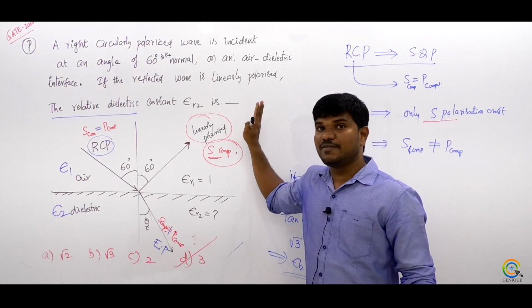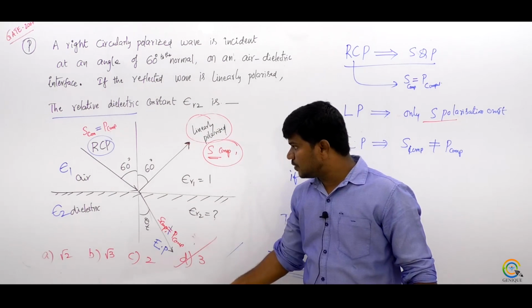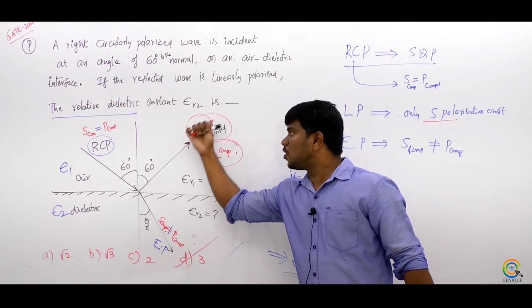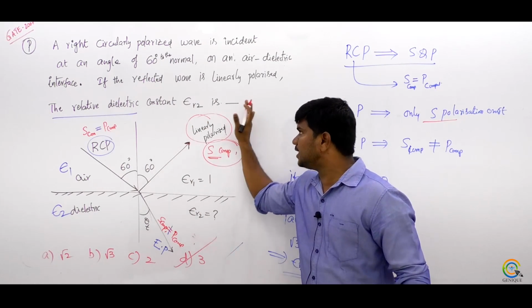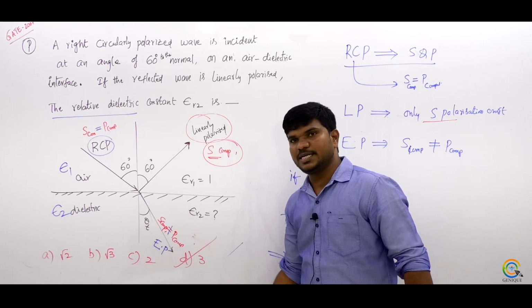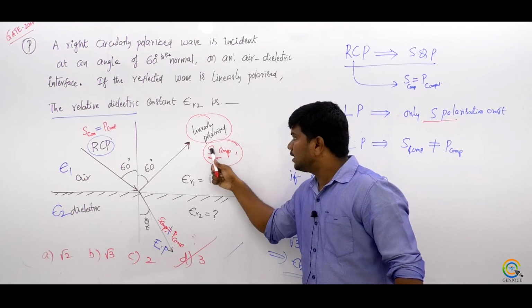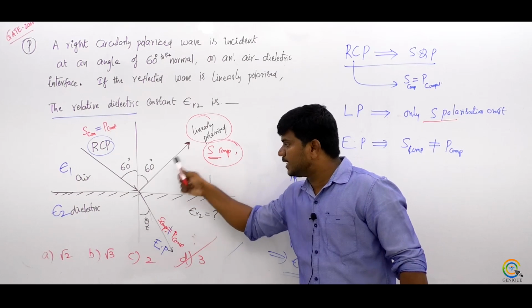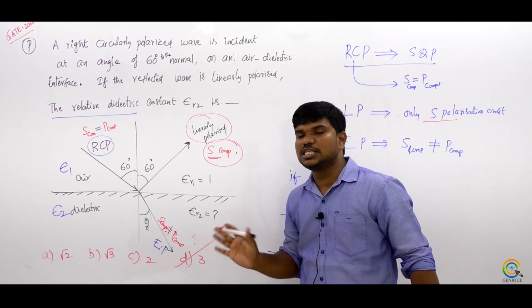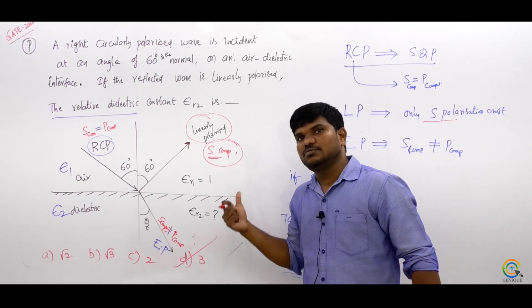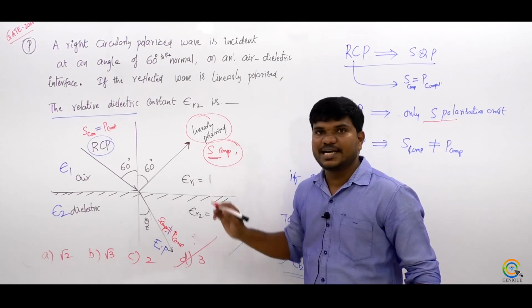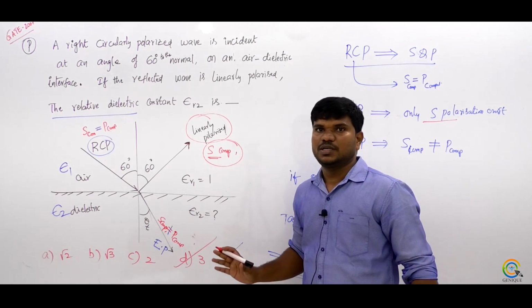The P polarized wave is transmitted. So in this, the P polarized wave being blocked in this direction means it is totally transmitted. But the S polarized wave will be transmitting and reflecting. The S polarized wave cannot be totally transmitted or totally reflected.